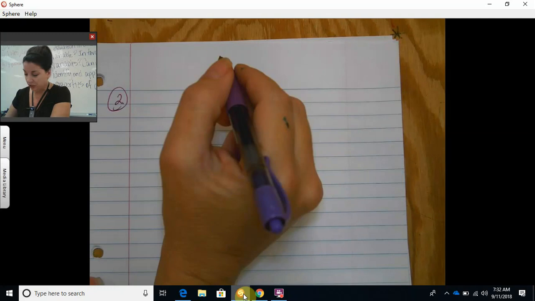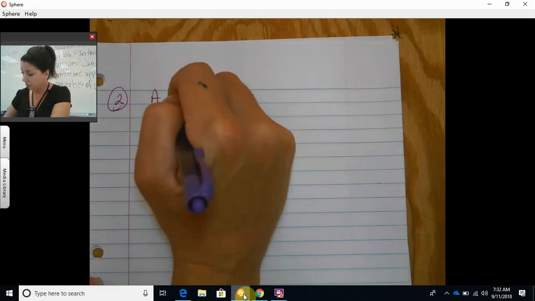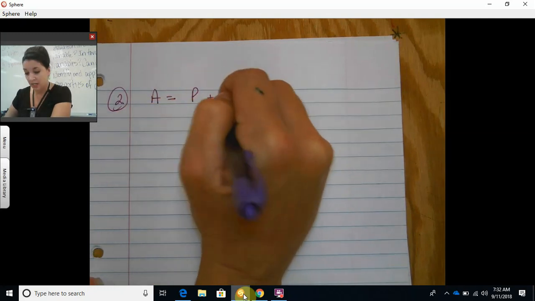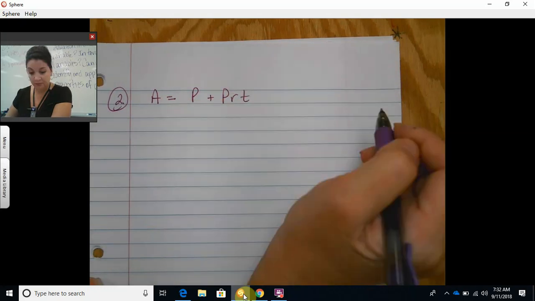All right, example 2, A equals P plus PRT.